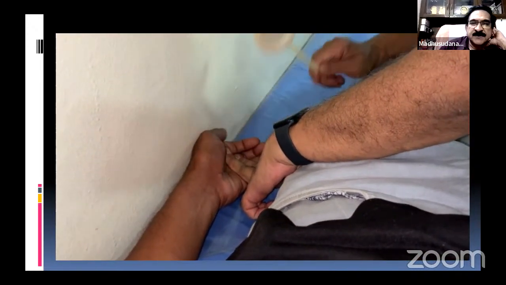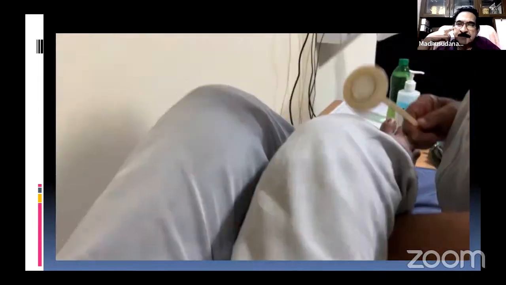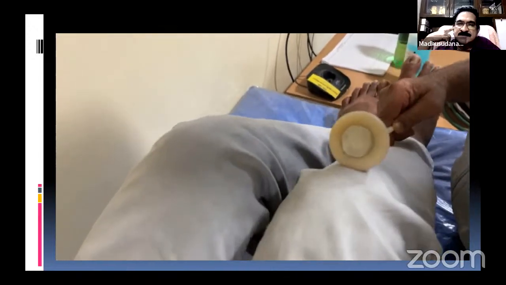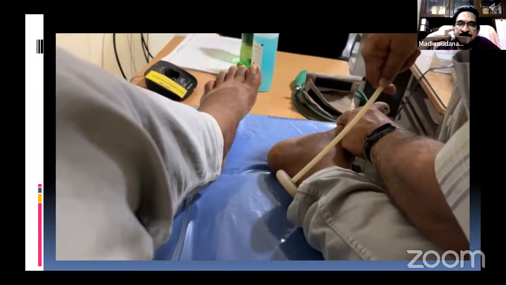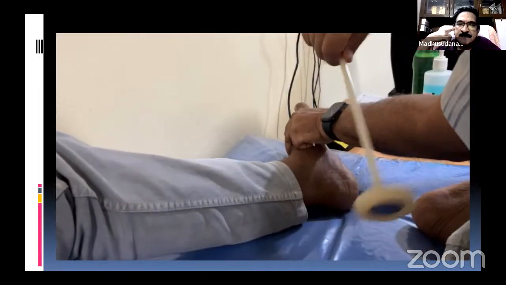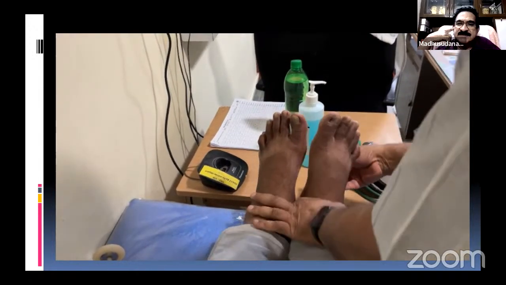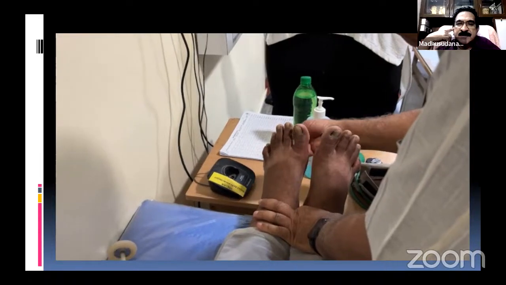Finger jerk was however not elicitable. Abdominal reflexes were intact. In the lower limb, both knee jerks were brisk, slightly more brisk on the right compared to the left side. Ankle jerks were normal. Plantar was upgoing on both sides.